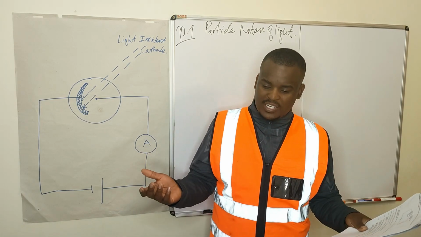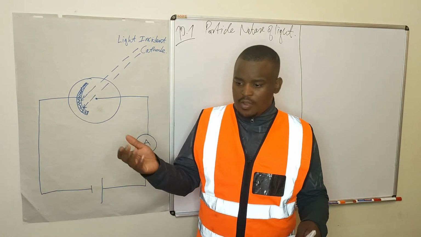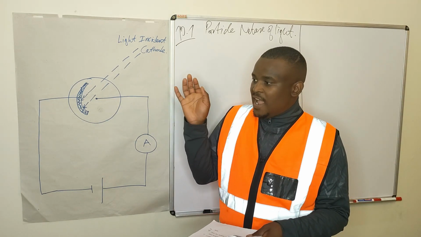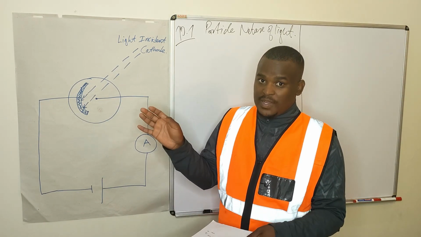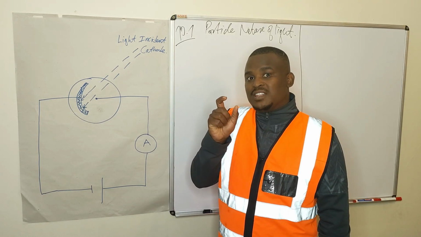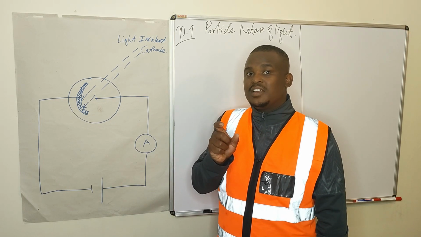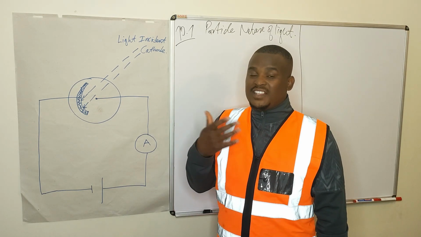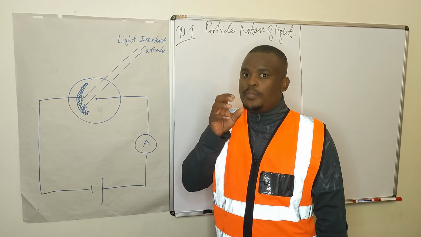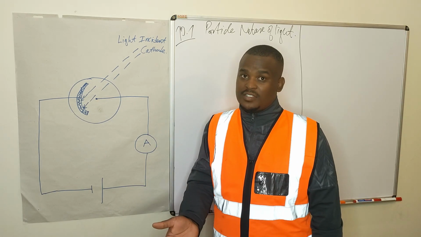So you know that in the photoelectric effect, you observe that it occurs when incident light is shone onto a metal and electrons are emitted from that metal. But in order for those electrons to be emitted or ejected from a metal surface, the photons of the incident light should contain enough energy to knock off those electrons or free them from a metal surface.